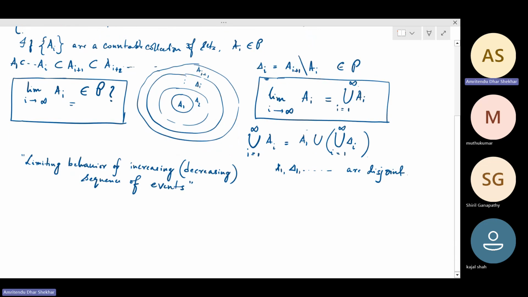Okay. So you can note this down as a theorem.